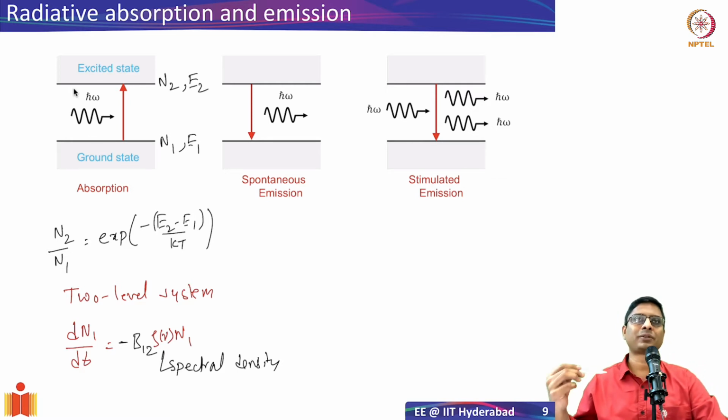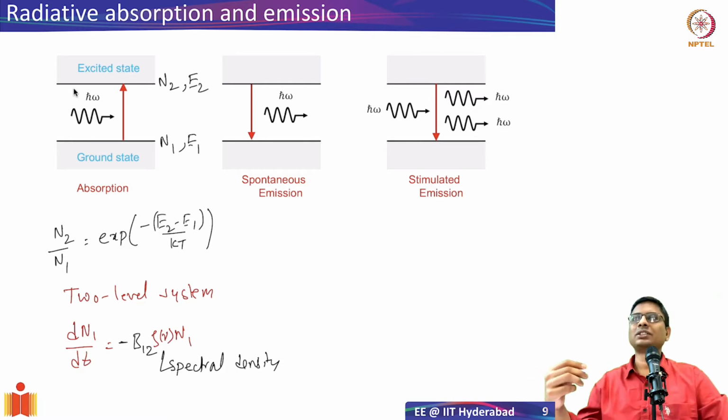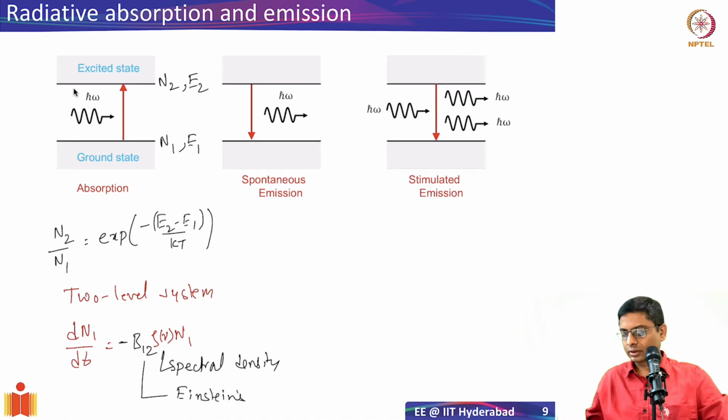While making a transition from the first level to the second level, there's a probability associated with it, and that he called Einstein's B coefficient. And of course there's a negative sign, because as you have more and more photons incident, the population of N1 reduces, so there should be a minus here. So this is the first equation that happens when you have the absorption process.